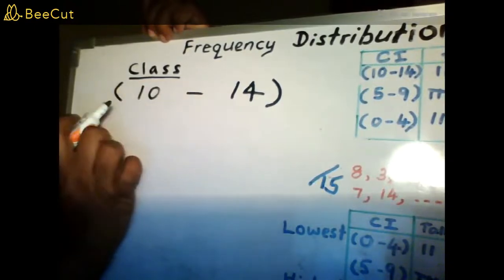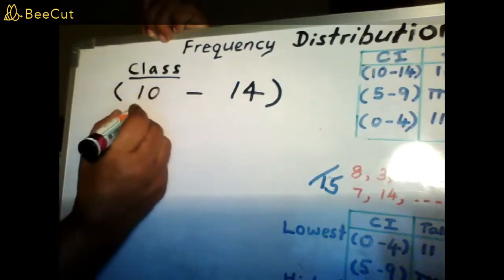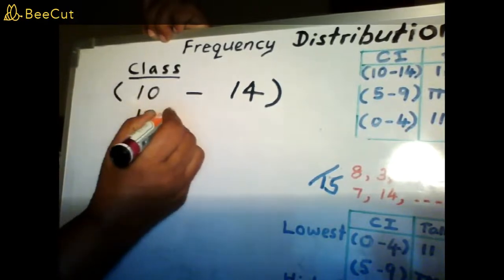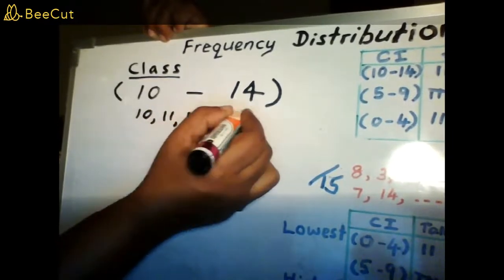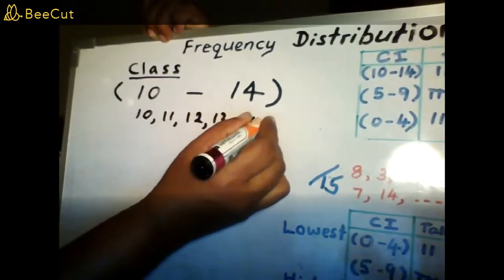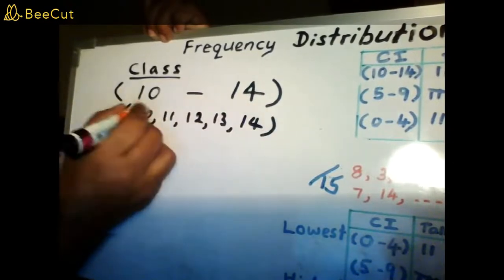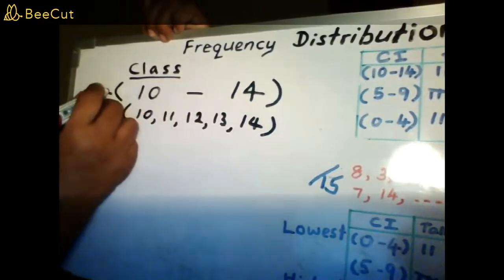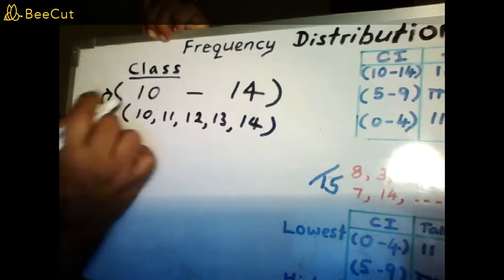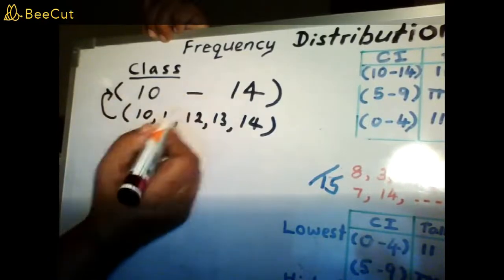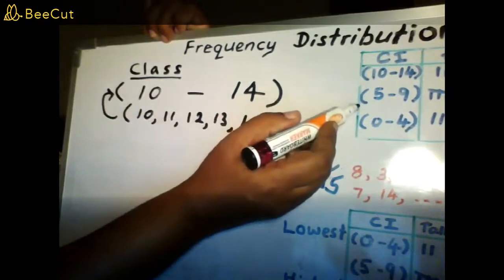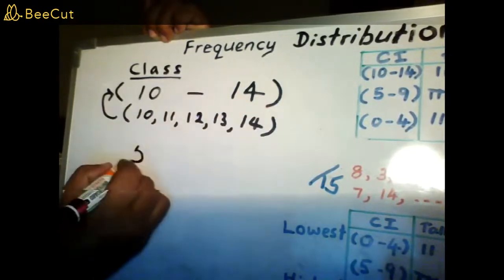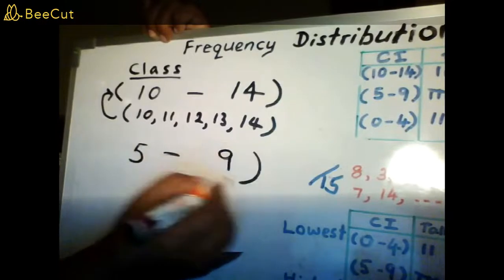In this class, what are the marks you can find? 10, 11, 12, 13 and 14. Right? All these marks are included in this class 10 to 14. Now we'll take this class 5 to 9.